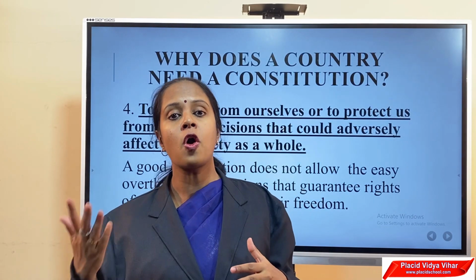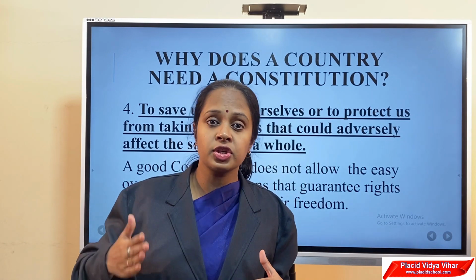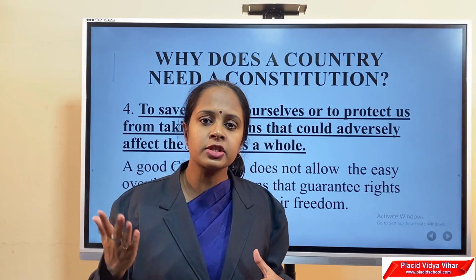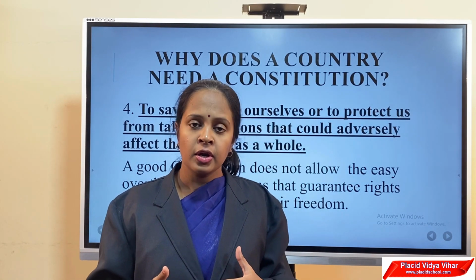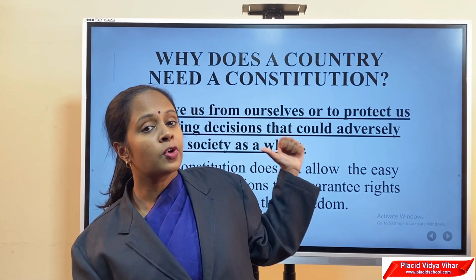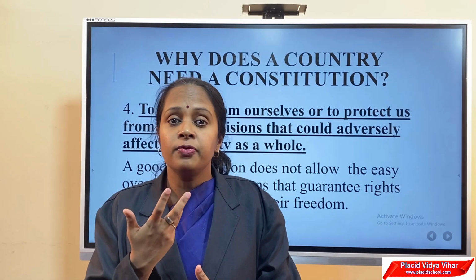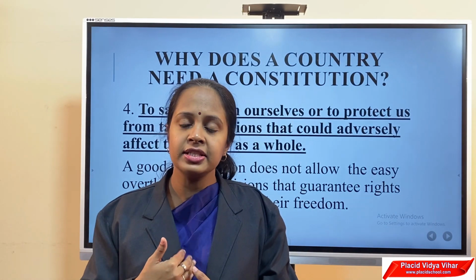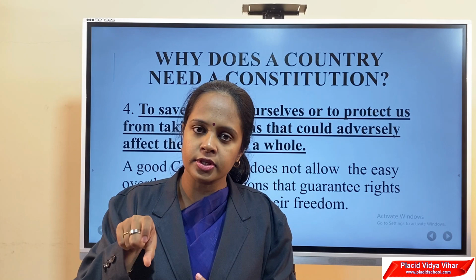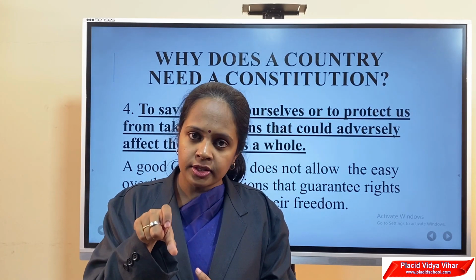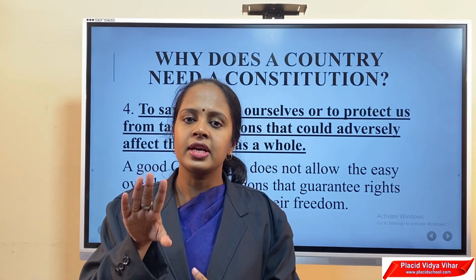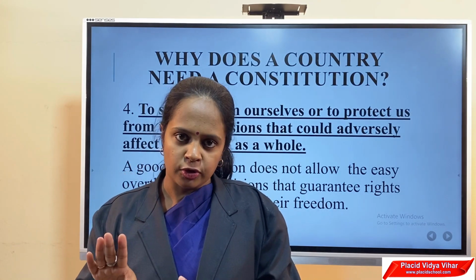But in the long run, this dictatorship may go against all their interest. So a good constitution does not allow this sudden desire to change the provisions of the constitution that guarantee rights and freedom of the individual.